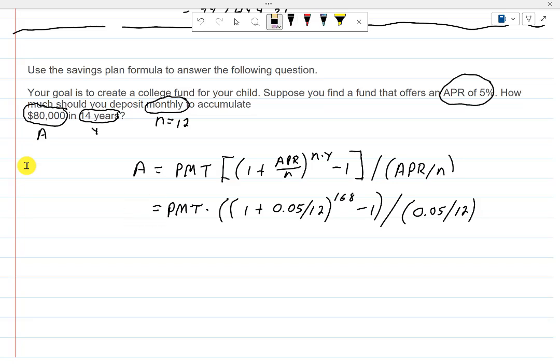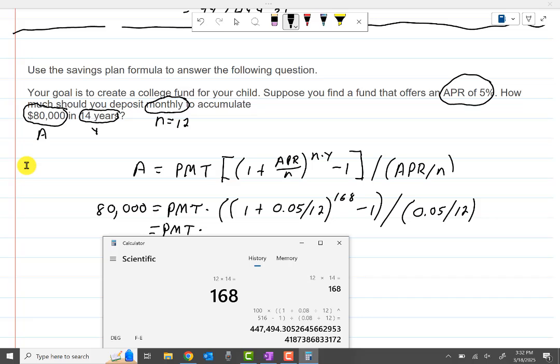So, oh, I know what the A is actually. The A is 80,000. The idea is here, you'll know everything in the next step except for the payment, and that's what you'll solve for. So I'm going to use my calculator to give me all the stuff that comes after the dot. So what is that stuff?